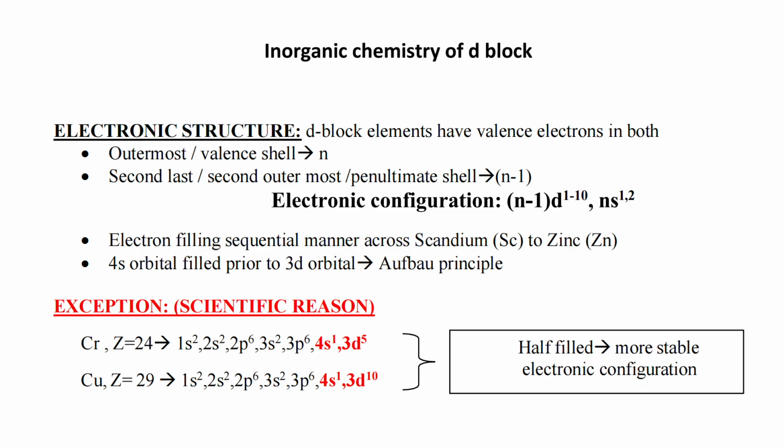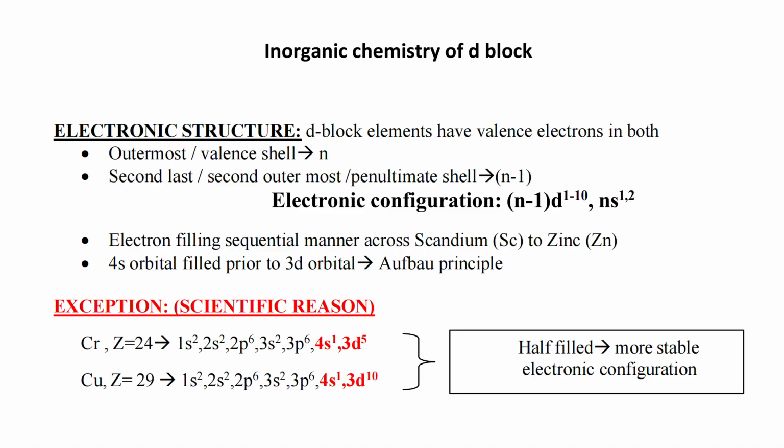This shows that the electronic configuration when the orbitals are half filled is more stable. Here the s contains a maximum of 2 electrons, so it is 1. D contains 10 electrons, so it becomes 5. Similarly for copper you have 4s1 and the completely filled 3d10.